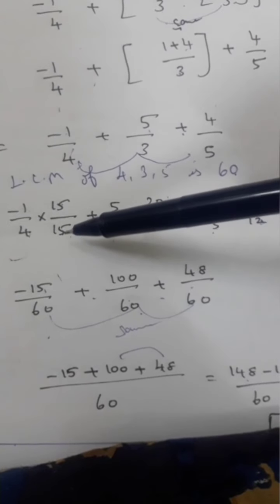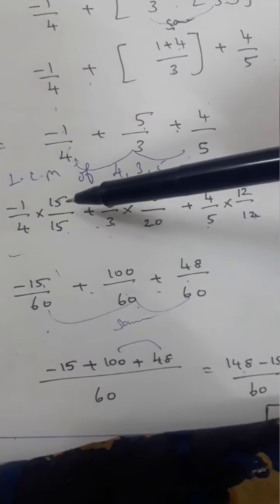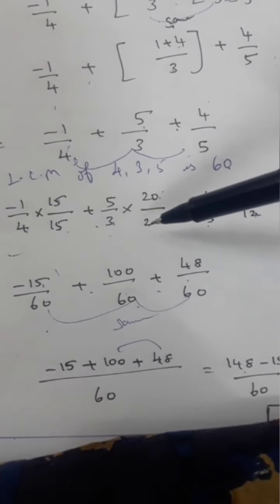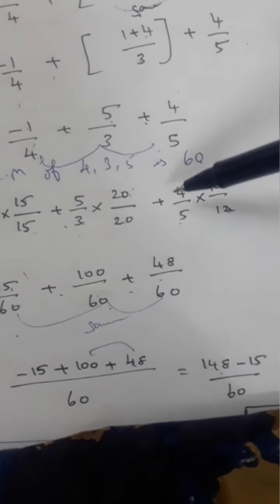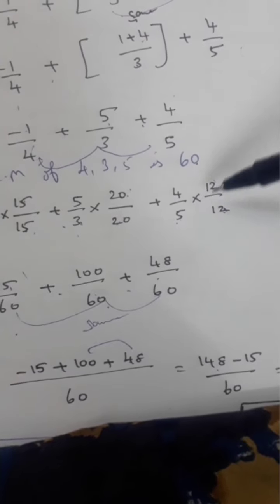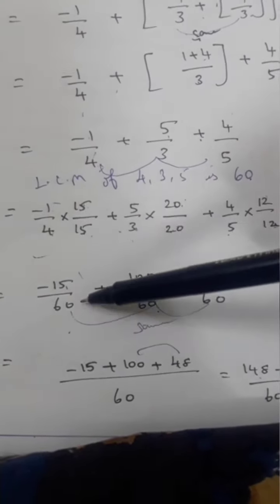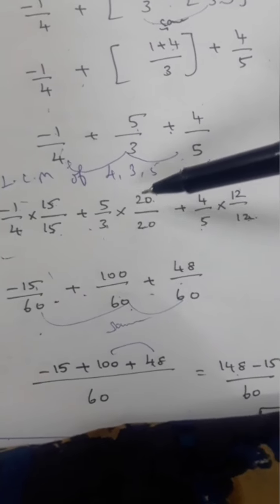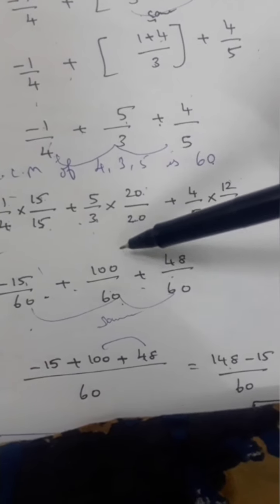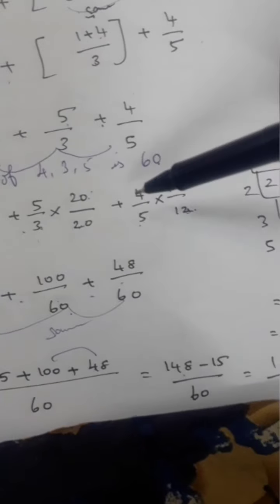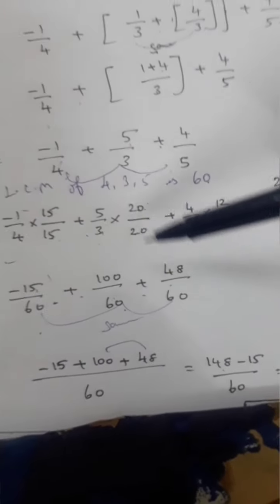So 4 into 15, numerator also into 15. Plus 5 by 3, 20 multiply, plus 4 by 5, 12 multiply. 1 15 is 15, 4 15s are 60. 5 20s are 100, 3 20s are 60, 4 12s are 48, 5 12s are 60.